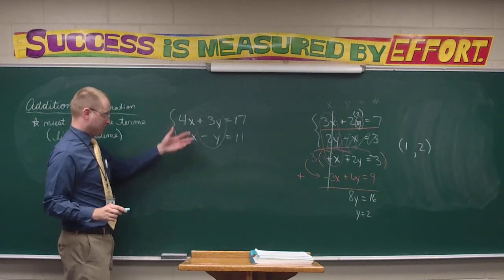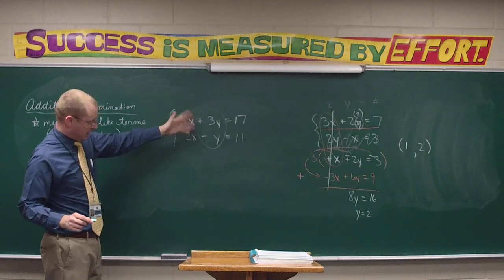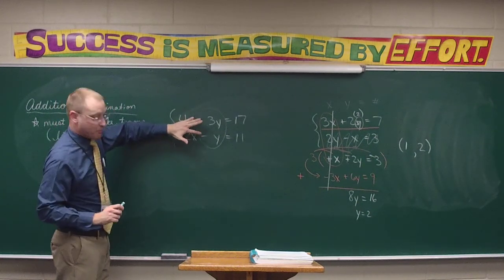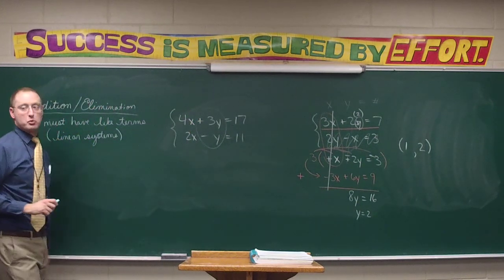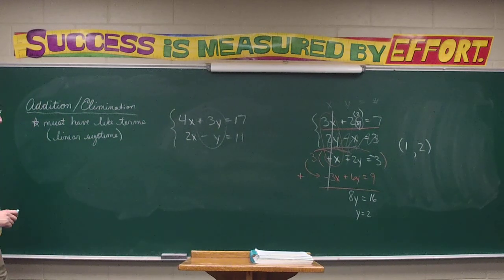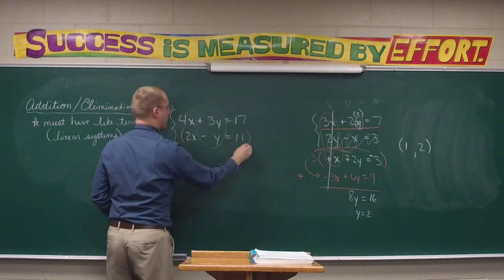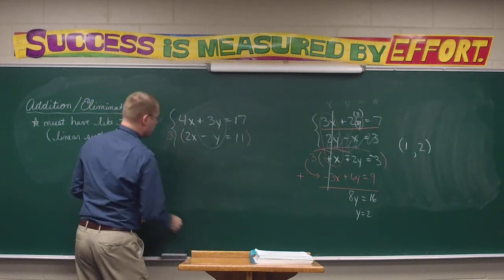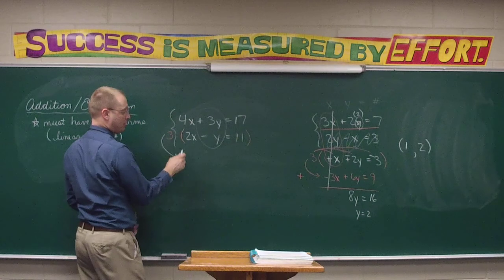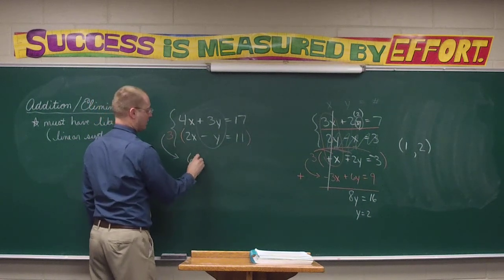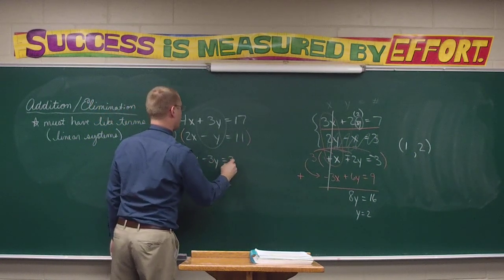Upside of the y, they already have opposite signs, right? But they don't have matching numbers. So to get them to have matching numbers, what would I need to do, Audrey? Good. Take the bottom equation and multiply all of it by a 3. So that my bottom equation is going to become 6x minus 3y equals 33.